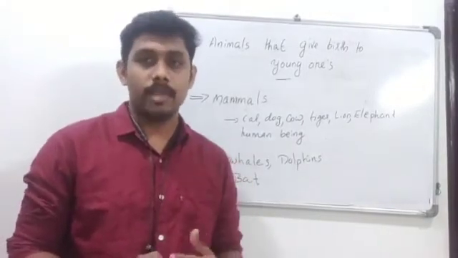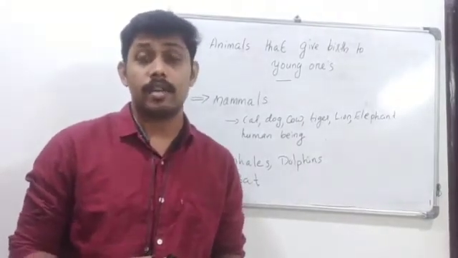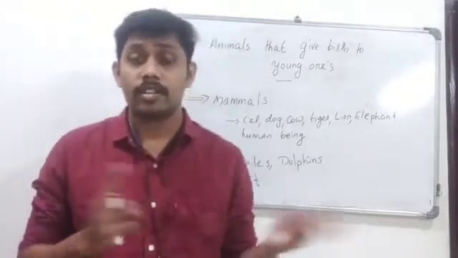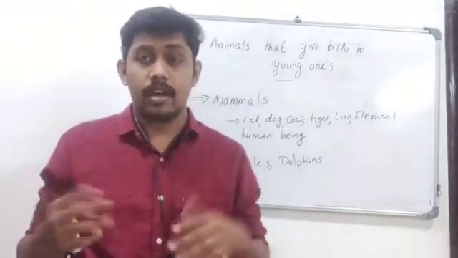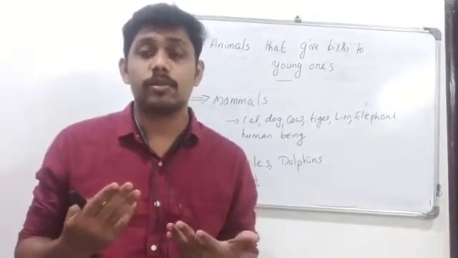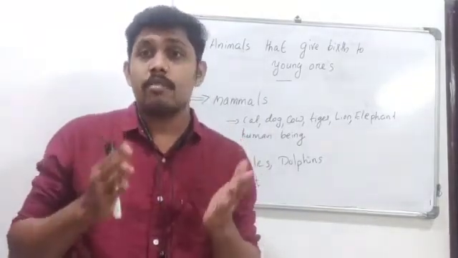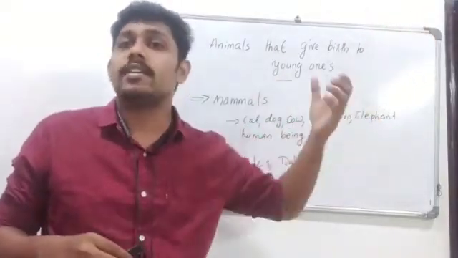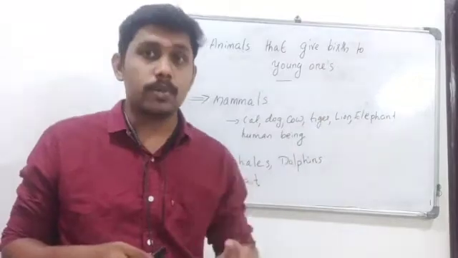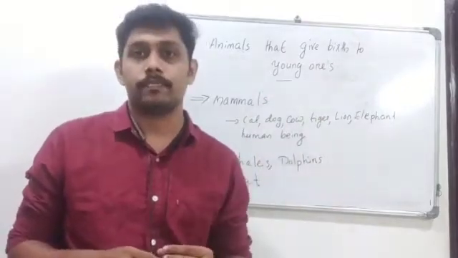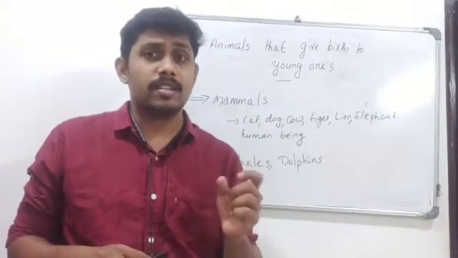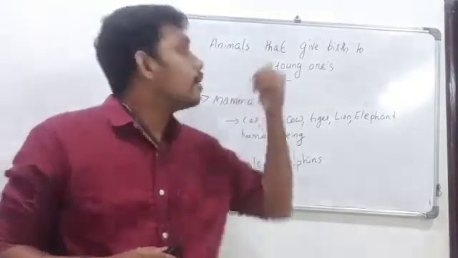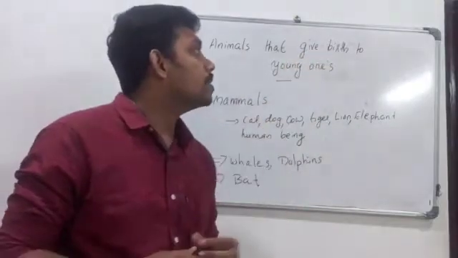In our previous class we discussed reproduction in animals, isn't it? Reproduction is mainly of two kinds: reproduction through laying eggs, and reproduction by giving birth to young ones. In the previous class we discussed reproduction by laying eggs, and also just a little about animals that give birth to young ones.